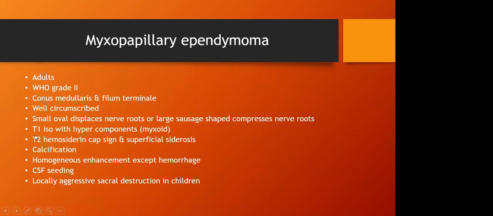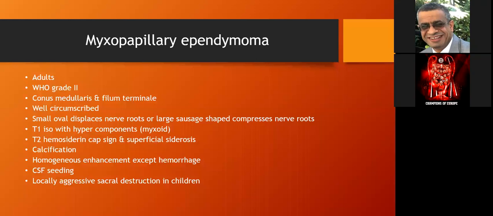In T2, as the normal ependymoma, iso or hypo, but it contains hyper components due to the myxoid or the mucoid components of this tumor. The hemosiderin cap sign and hemorrhage could also be seen, and it could be associated with superficial siderosis due to the subarachnoid hemorrhage and iron deposition within the dura and pia mater.